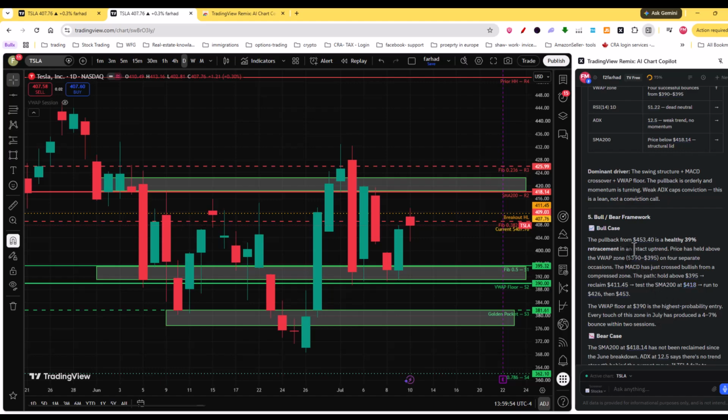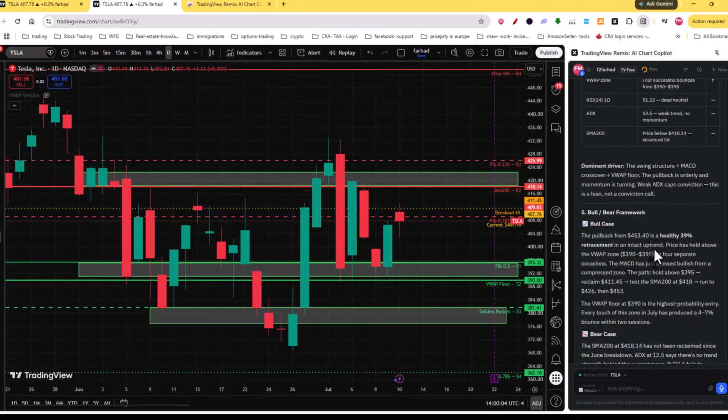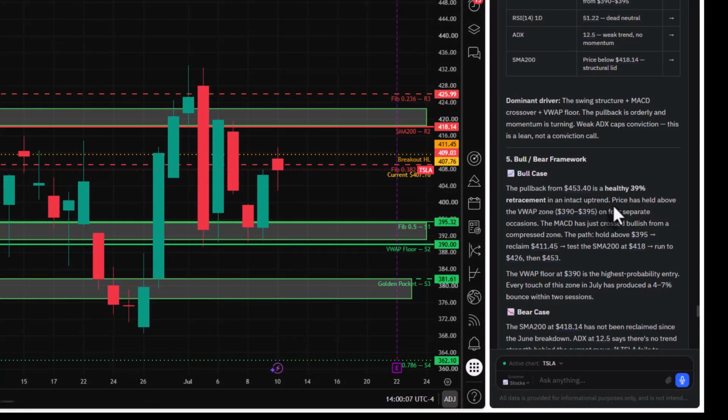There you go. I was gonna tell you guys, but it's already telling me here. The pullback from 453.40 is healthy, a 39% retracement in the intact uptrend. Price has held above VWAP zone 390 to 395 on 4 separate occasions. MACD has just crossed bullish. Man, this is insane.